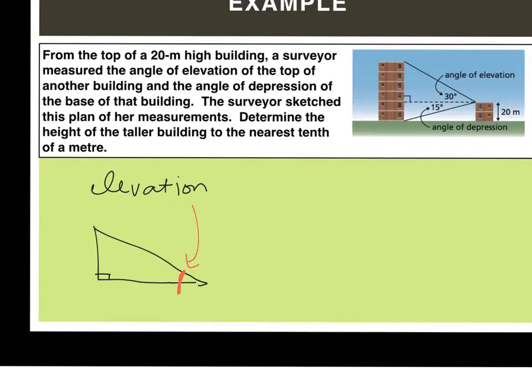So whenever you see the words angle of elevation, you draw a triangle with its base flat on the bottom, and the angle is the angle down at the bottom going up. Now, angle of depression means down. What I see students do incorrectly a lot is draw this same triangle but put the angle up here.